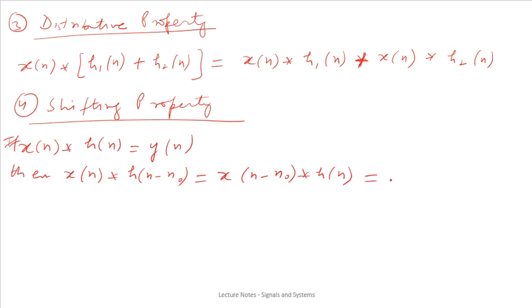So if this is the case, then the output will come as yn minus n naught.